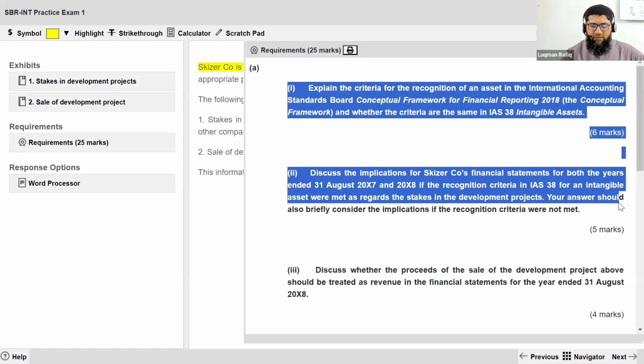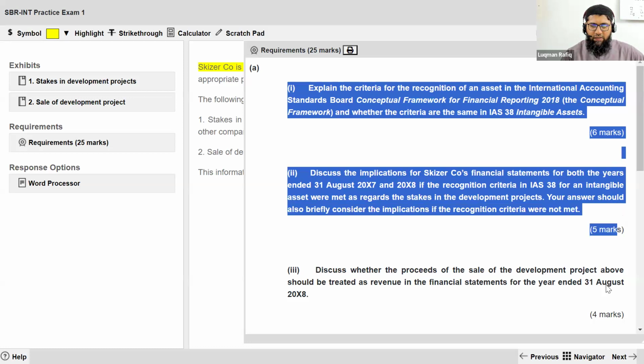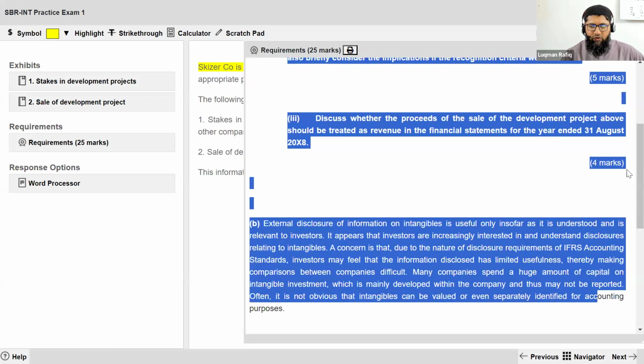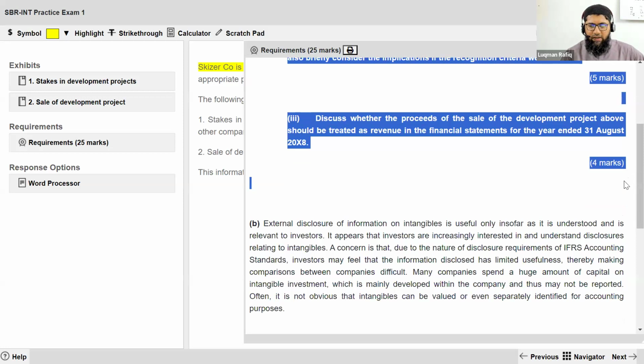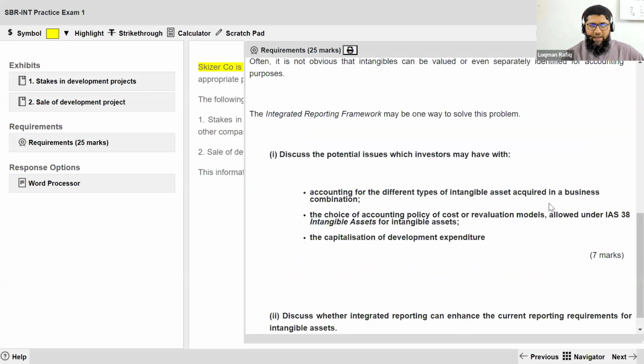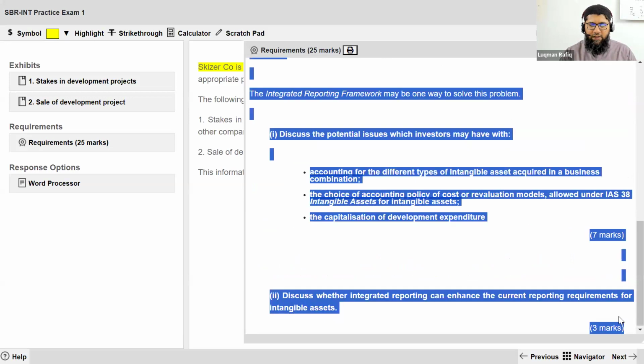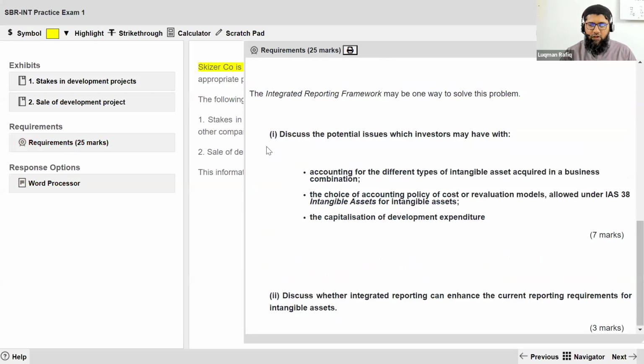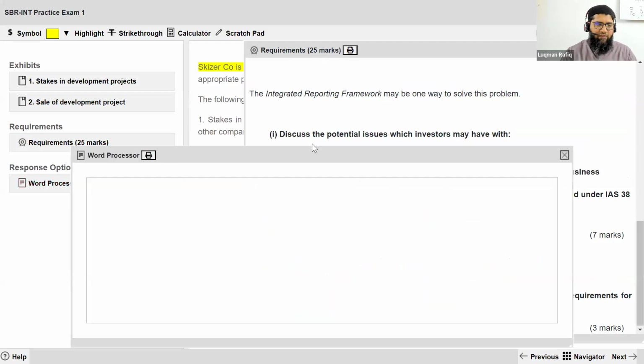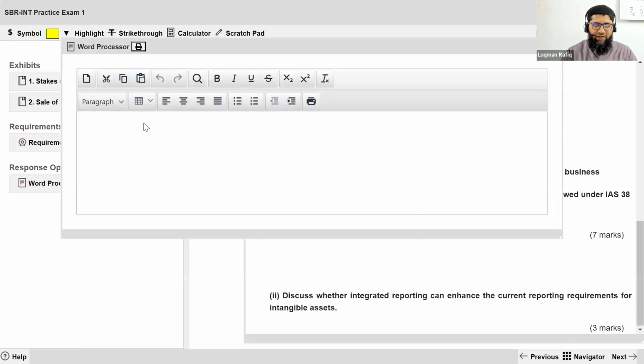The years ended 31st August 2007 and 2008, whether the proceeds of the development project are going to be taken there or not. Now there are these disclosure related things also. So we're going to talk about all of these requirements in this specific scenario. Let's just try to cover them up.